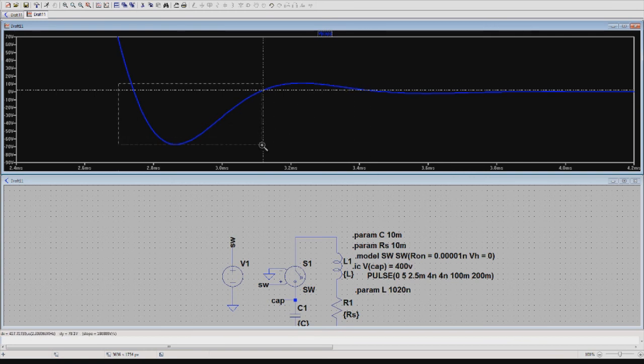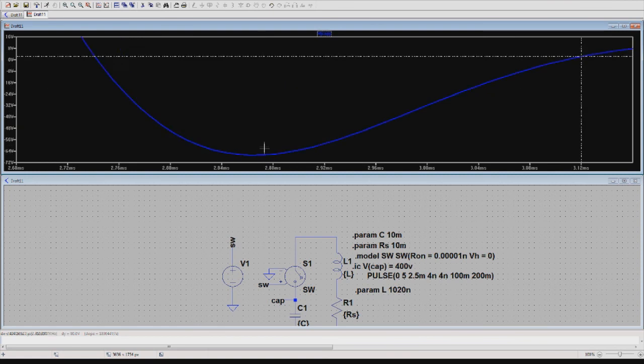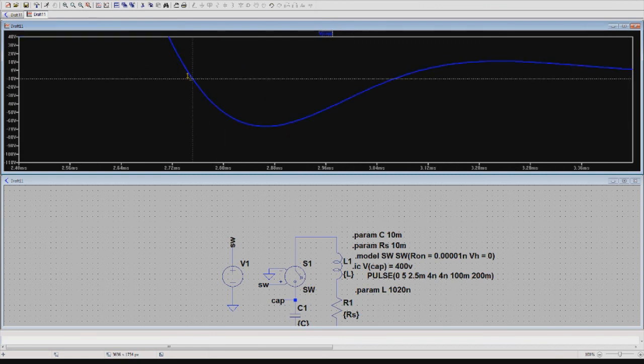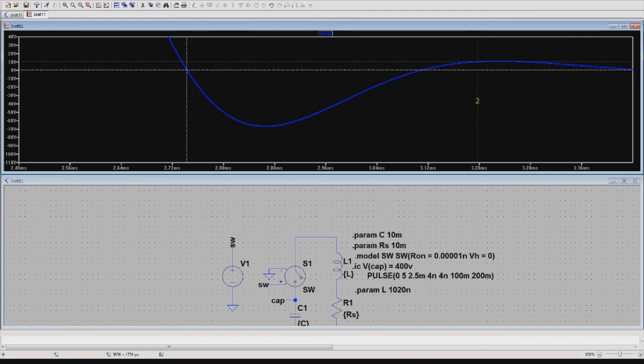But what you can take from this is that it's not healthy for the capacitor at all. Because let me see how long it stays in the negative voltage range. For about 300 milliseconds.